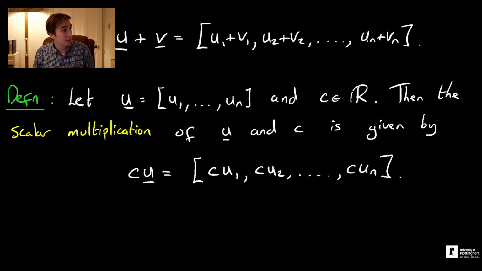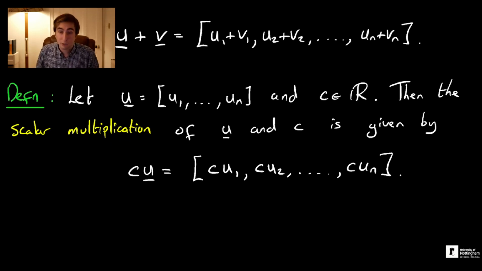And finally, it makes sense as well to define a reasonable notion of the zero vector in Rn. Whereas the zero vector in R2 was just, in coordinate form, (0, 0), the zero vector in Rn is just going to be a coordinate form vector with n many zeros.